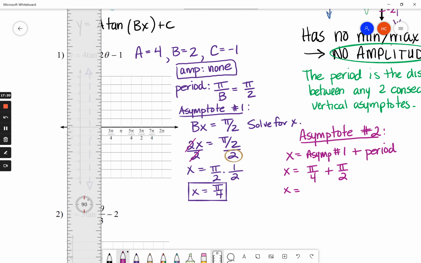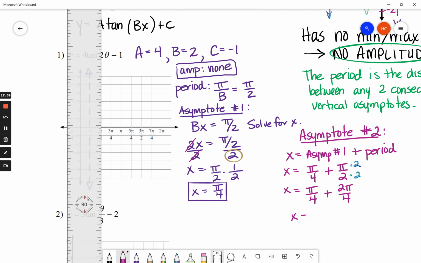Now, to be able to add these two together, we need common denominators to add fractions. The common denominator between 4 and 2 has to be 4. So I'm going to multiply this by 2 to get my common denominator. So pi over 4 was okay because it had a denominator of 4, and this one becomes 2 pi over 4.